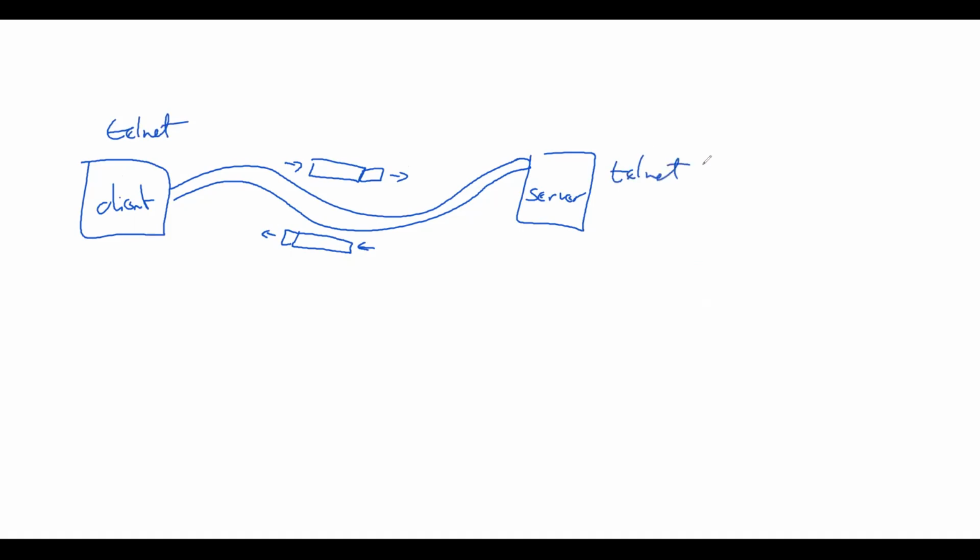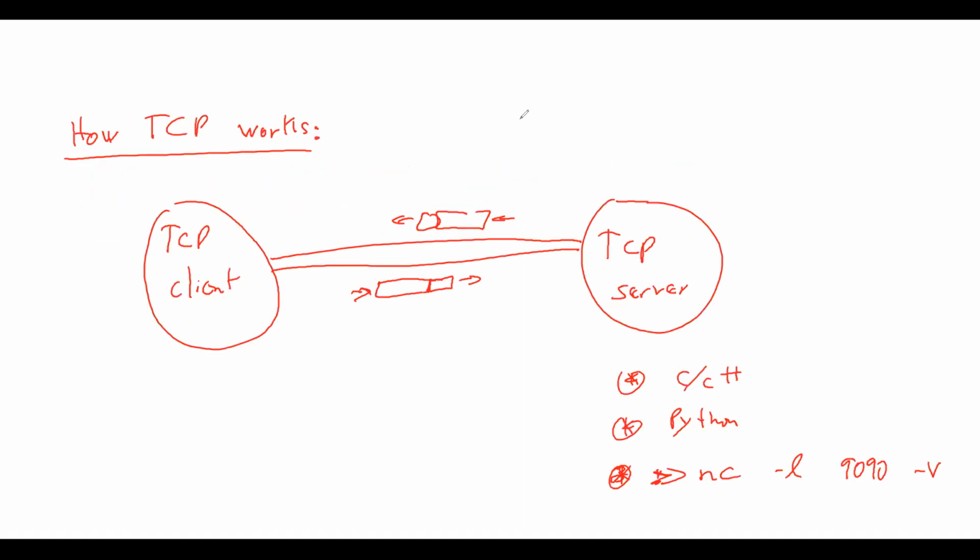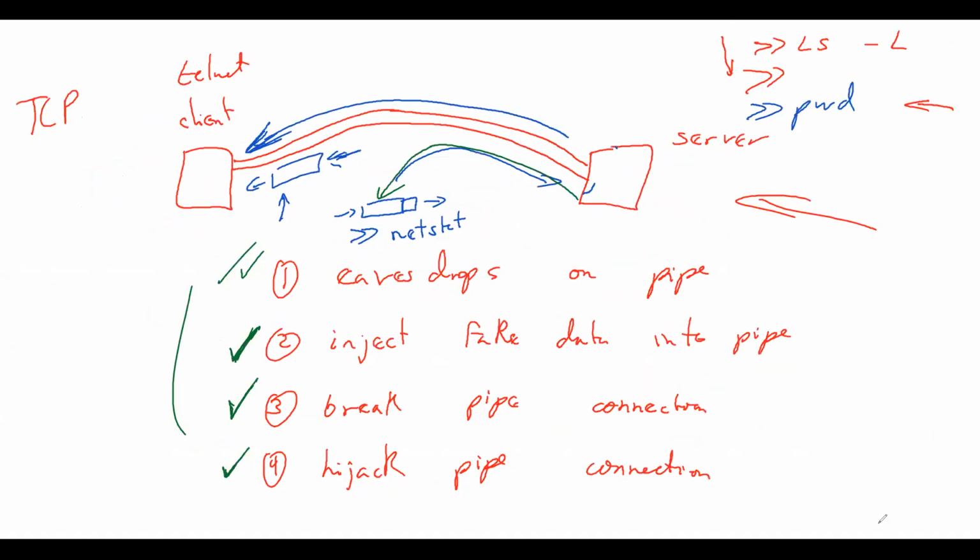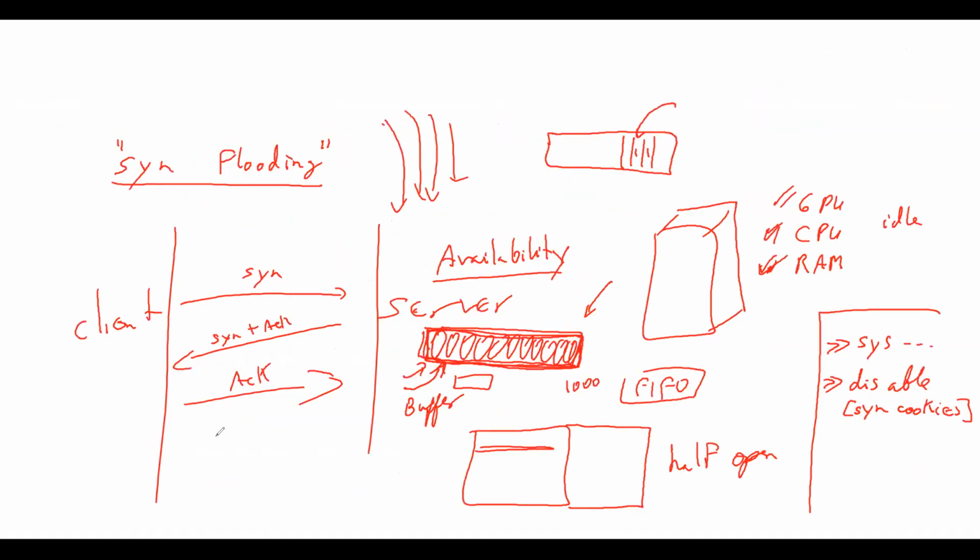All right, so now we're going to talk a little bit about how we can do other things. So let's go back to this idea of hijacking the pipe connection. So how can we do that?